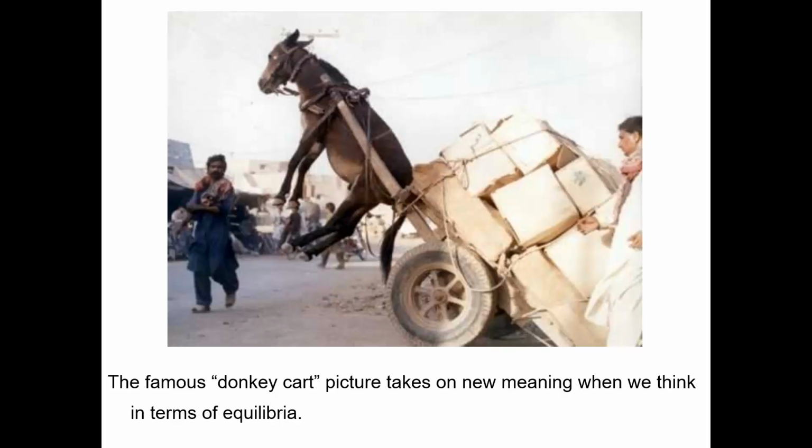That's not what we would desire. How do we get the whole thing back into equilibrium with the donkey's legs on the ground? Well, we have two options. We can either remove some weight off the back of the cart, or we could add some weight to the back of the donkey. Either way, making either of those changes would force the donkey back down onto the ground.